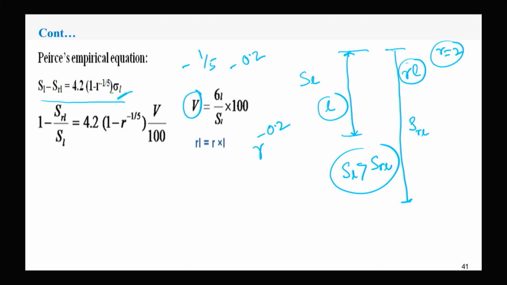If we consider the CV percent and replace it in the initial relationship, we get the modified relationship where V is the CV percent, and CV percent equals standard deviation by mean multiplied by 100.